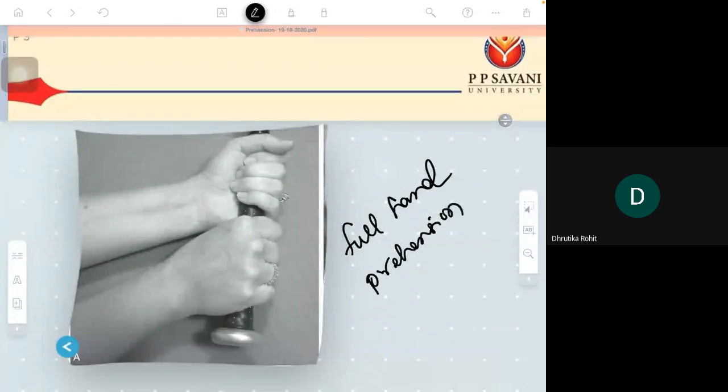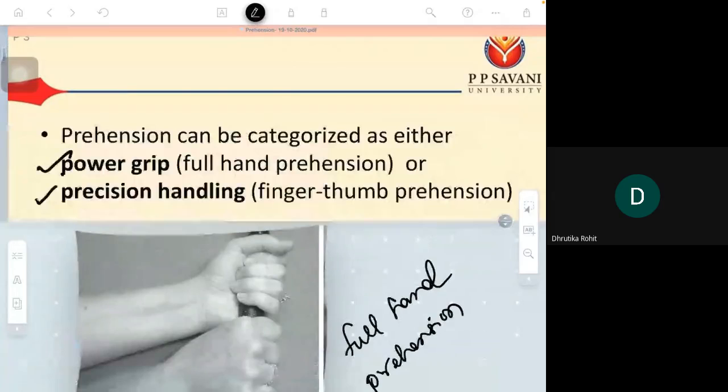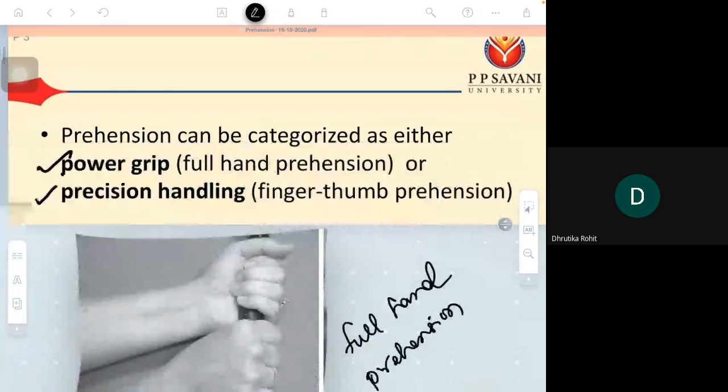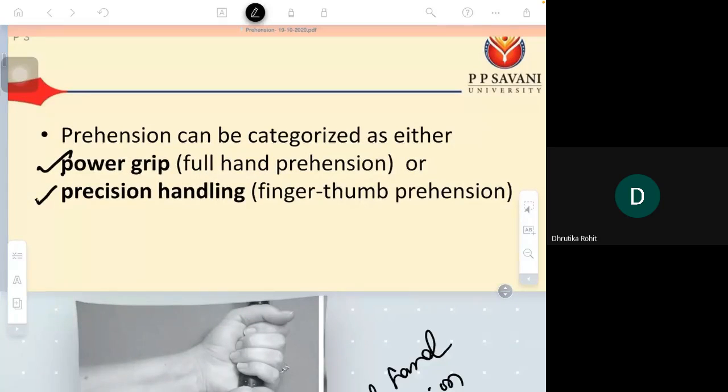Which one is called full hand prehension? Power grip. What is precision handling? Finger thumb prehension. That is, you are using only the fingers and the thumb. So it is called finger thumb prehension.